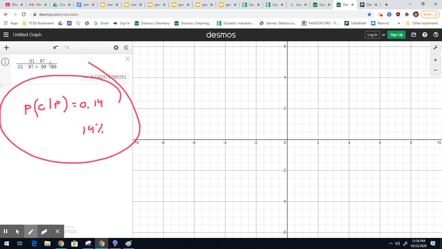Right, so there we go, and that's how we use these tree diagrams to do conditional probabilities. So the moral of the story is, when you have a test, you should make sure you get two people's opinions.